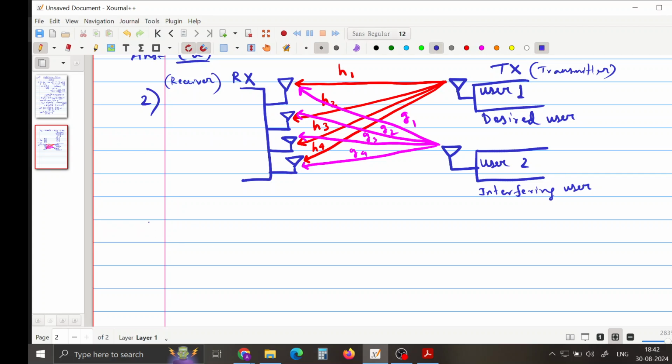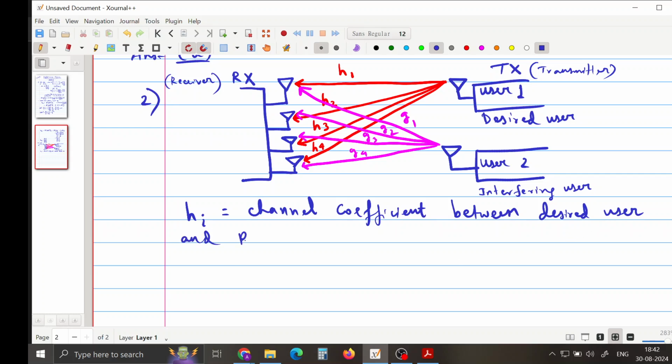So what are these H1, H2, G1, G2? Hi, in general, is the channel coefficient between the desired user, which is user 1 as per the diagram, and the ith receiving antenna.